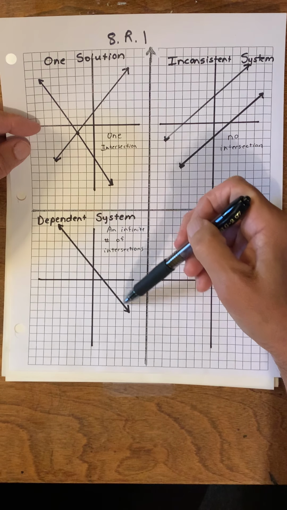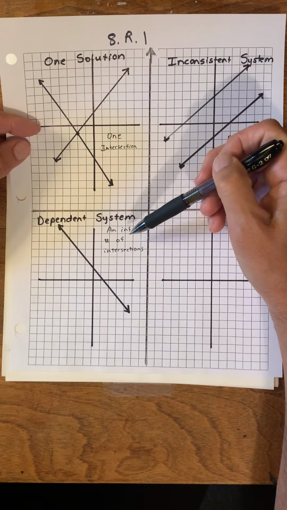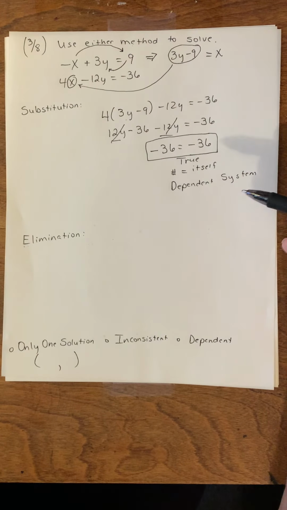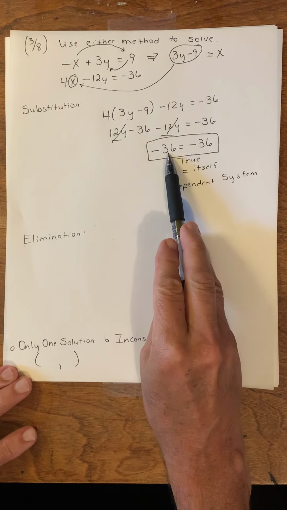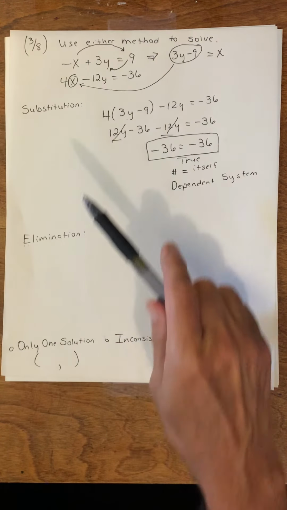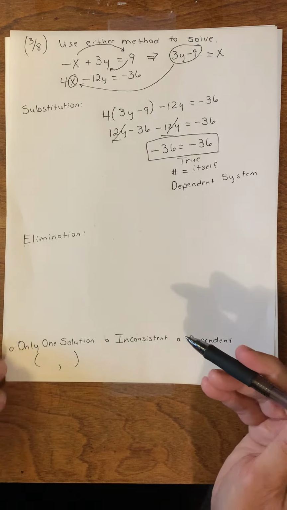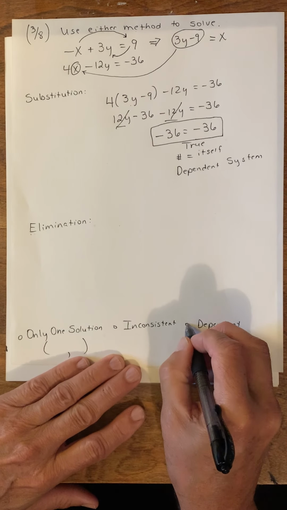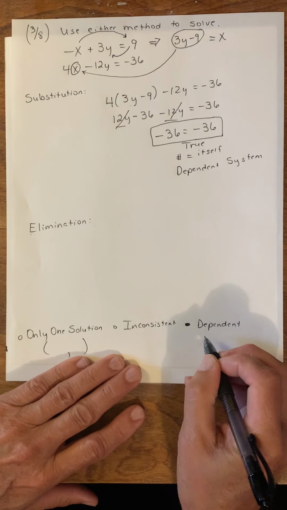My solutions are intersections. The only way I can have an infinite number of intersections is if the two lines overlap. So when the variable disappears, it's either going to be that or that. In this case, it's the overlapping lines. So I will pick dependent system here because they are overlapping lines.